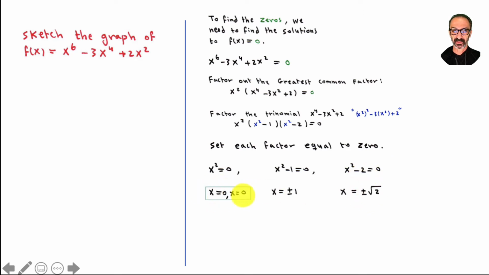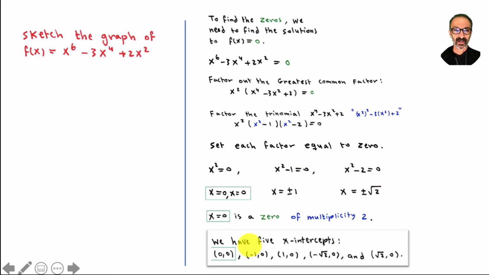So this is something we don't do, as I said, in lower math. Or in short, we say x equals 0 is a zero of multiplicity 2. We have 5 x-intercepts: 0, 0, negative 1, 0, 1, 0, negative rad 2, 0, and rad 2, 0.